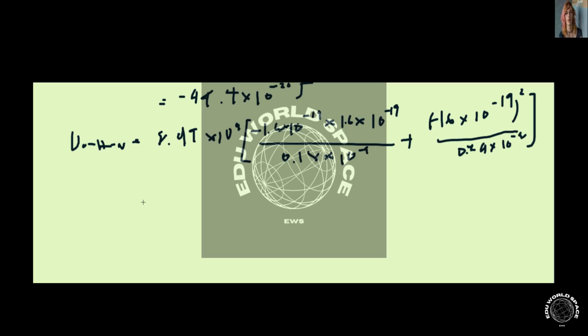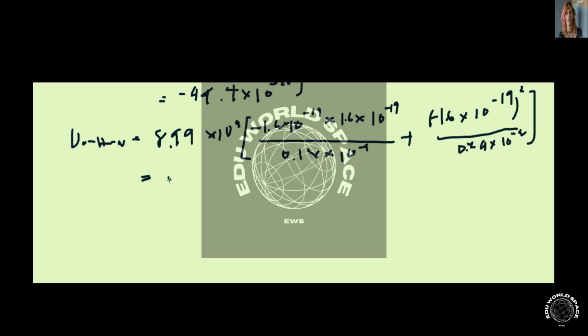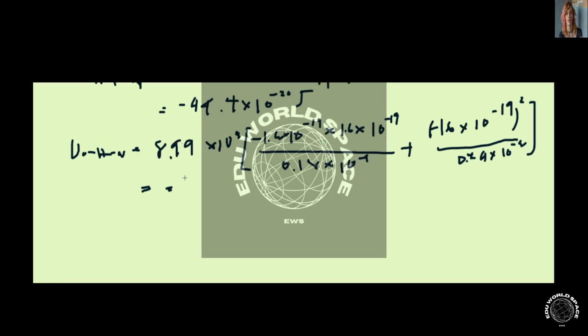This looks a little messy, so let me write it a little better: this is 8.99. Now if we compute this in our calculator, we're going to get that it's equal to negative 48.33 joules.